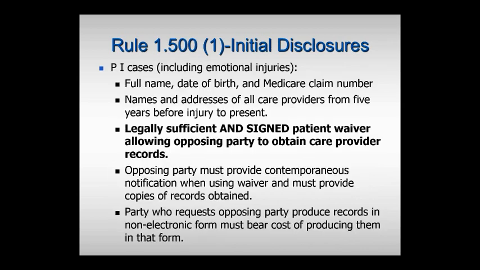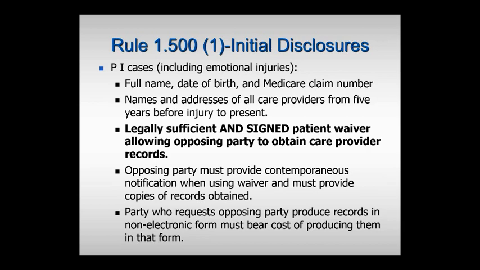Okay. For personal injury cases, and the rule provides that that includes emotional distress claims, this is the additional list of items that must be generated during the initial disclosure stage. As you can see, it's the kind of stuff that generally gets produced pursuant to standard and traditional discovery.